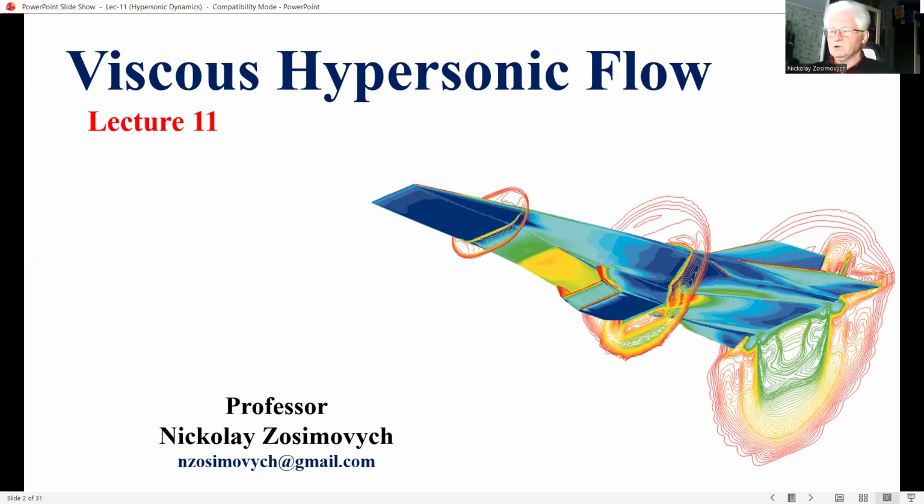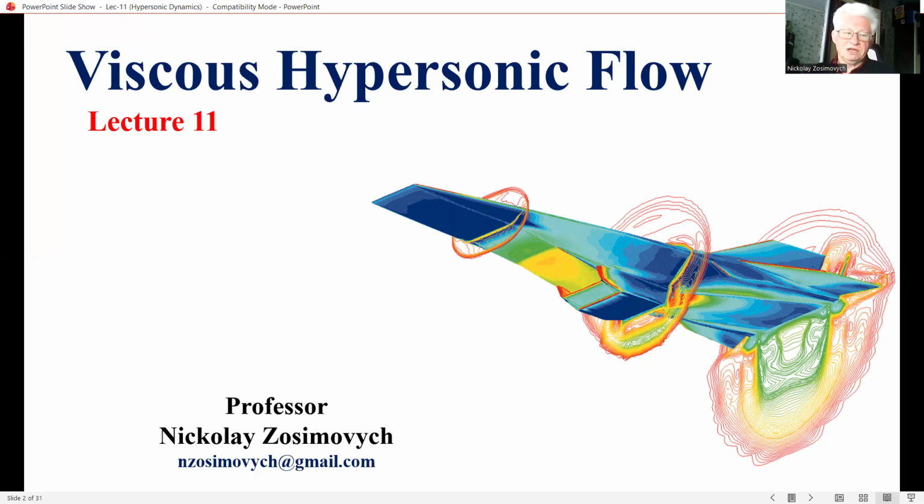As you already know, in this part 2, we emphasize the effects of viscosity. And except viscosity, we emphasize thermal conduction in combination with high Mach number.